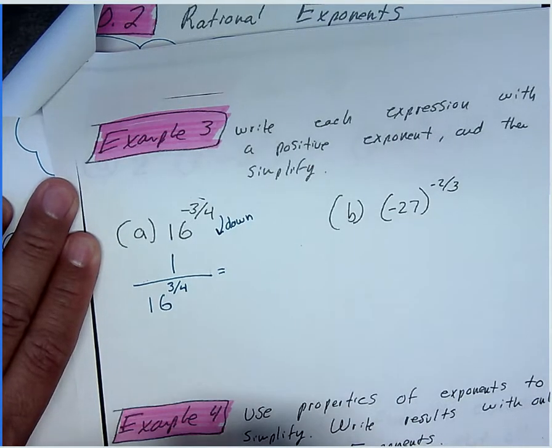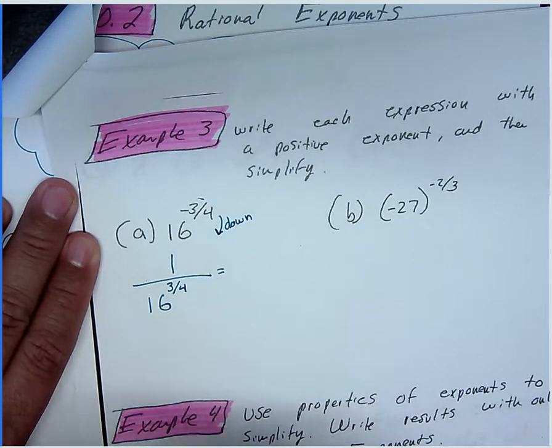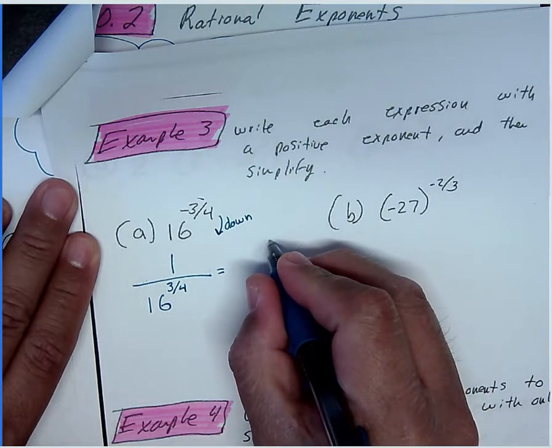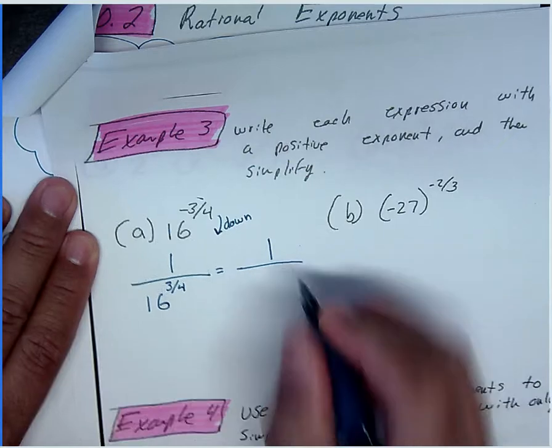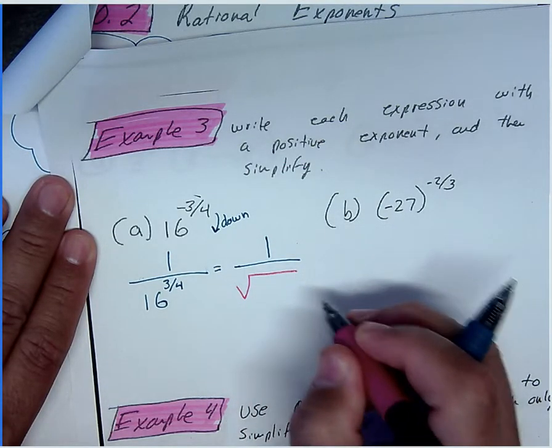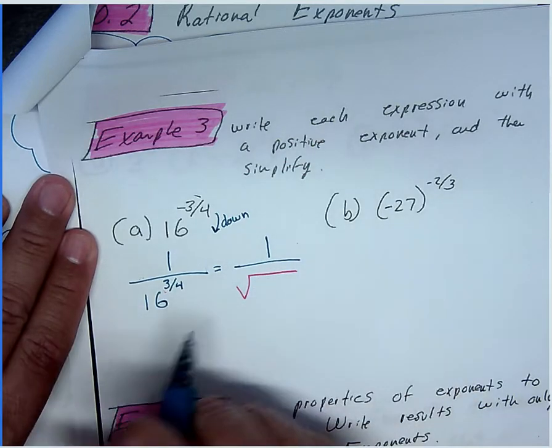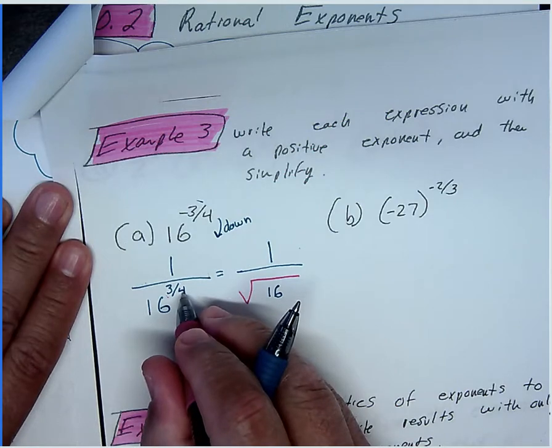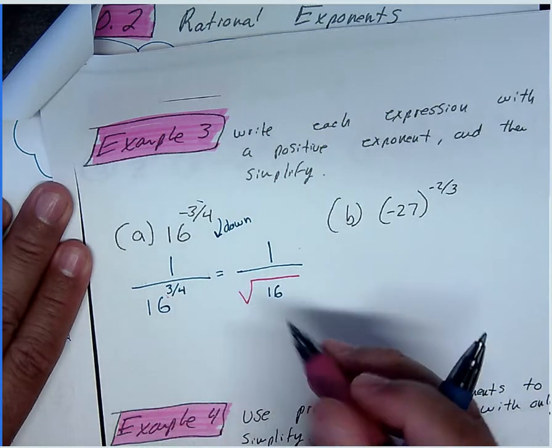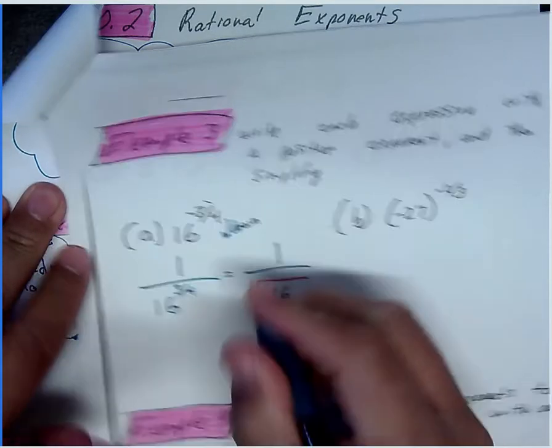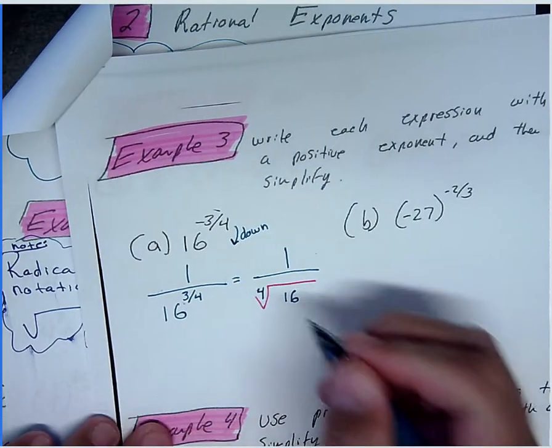Now this is the part where you convert things to radical form to make it easy on you. So you still have the 1 over, and then write the radical form. Remember, the base goes inside, so put the 16, and then the number below the rational exponent is the index, so that 4 is put like that.